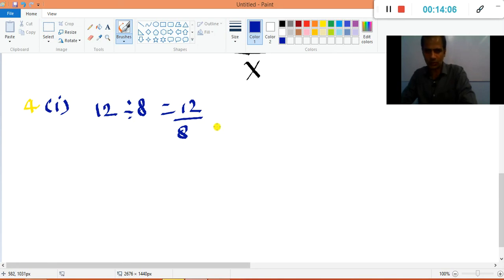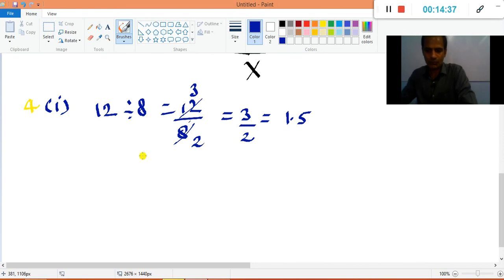If you can convert the denominator into 10, 100 or 1000, so it will be easier for you. So just simplify this fraction. Okay, means we have to convert this fraction in simplest form. It is divisible by 4, 4 2 is 8, 4 3 is 12. The number is 3 upon 2. As you can directly write the answer, 3 upon 2 is 1.5 because half of 3 is 1.5. Or you can show the division.